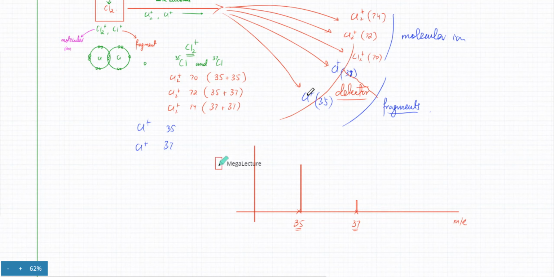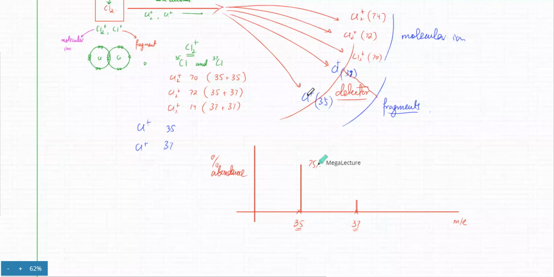So this axis over here usually represents percentage abundance. And in the case of chlorine, it's 75%. They might give it in terms of percentage, 75% or 25%, or they might give you ratios.